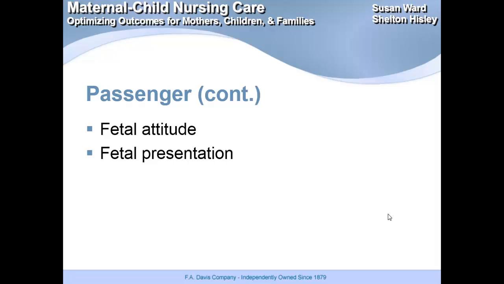The presentation is what part of the fetus is going to be coming out of the birth canal first. If it's cephalic, that means the baby's head is coming out first. But there are different kinds of cephalic presentations.